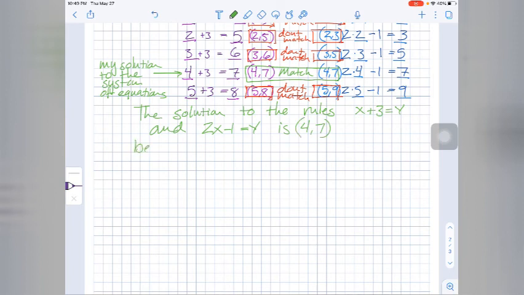The reason we know that is because it is the pair of values that is true in both equations.